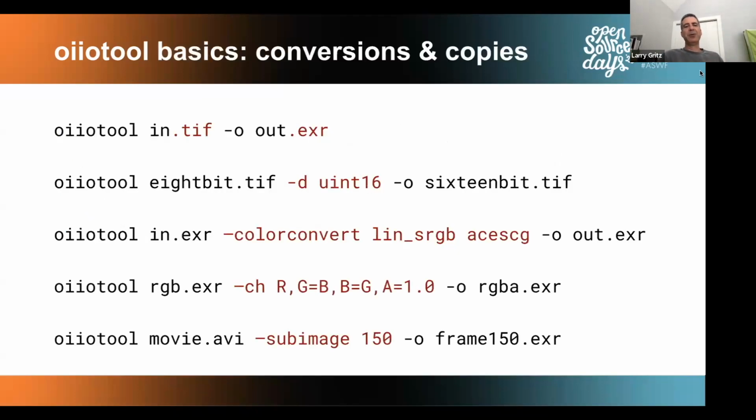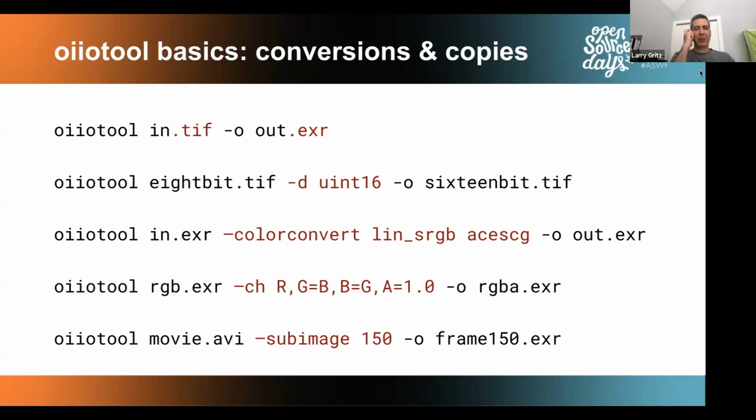Here are a few things that we do all day long, every day with this utility. We can use it to very simply translate an image from one file format to another, to change the data representation, from 8-bit unsigned integers to 16-bit, and so on, to do color space transformations, and things like shuffling or renaming channels in images.